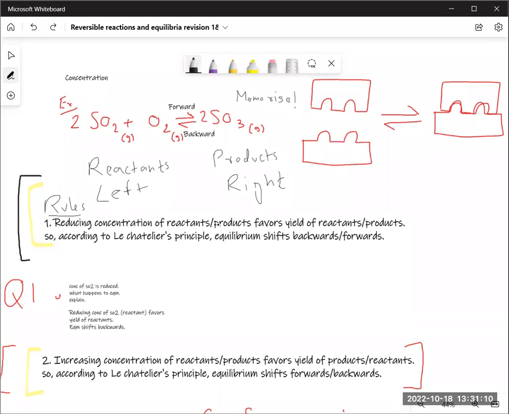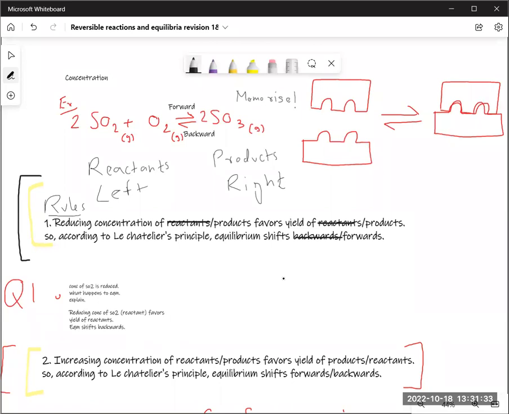Reducing concentration of products. What happens? Reducing concentration of products favors yield of products. So according to Le Chatelier's principle, equilibrium shifts forwards.